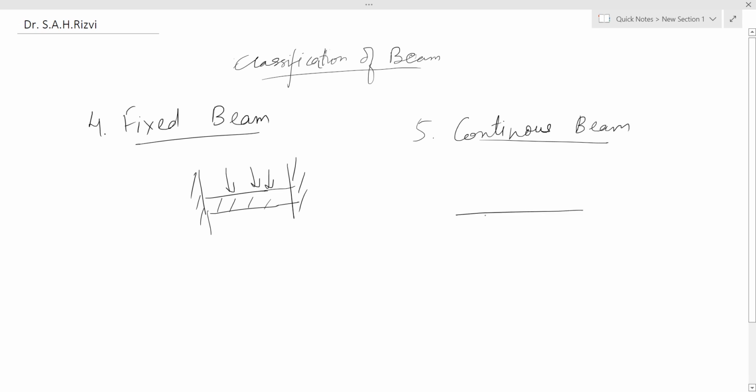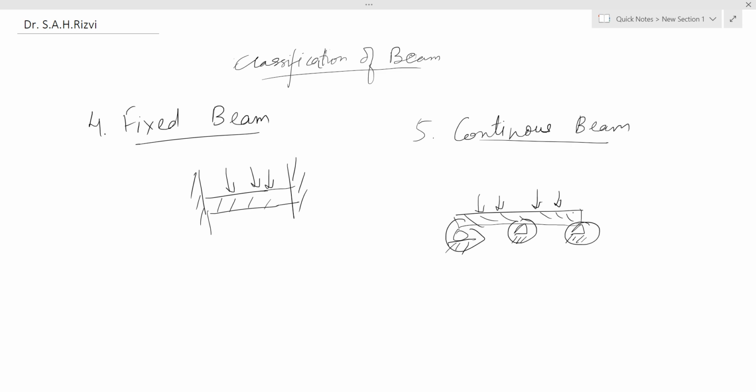In continuous beam, the beam has more than two supports. It is similar to simply supported beam, but here there are more than two supports to the beam. So these are the basic 5 classification of beam.